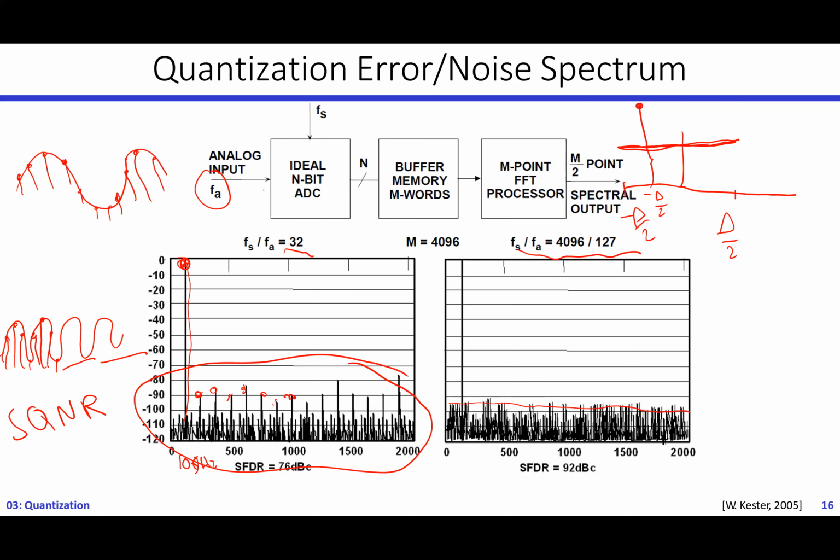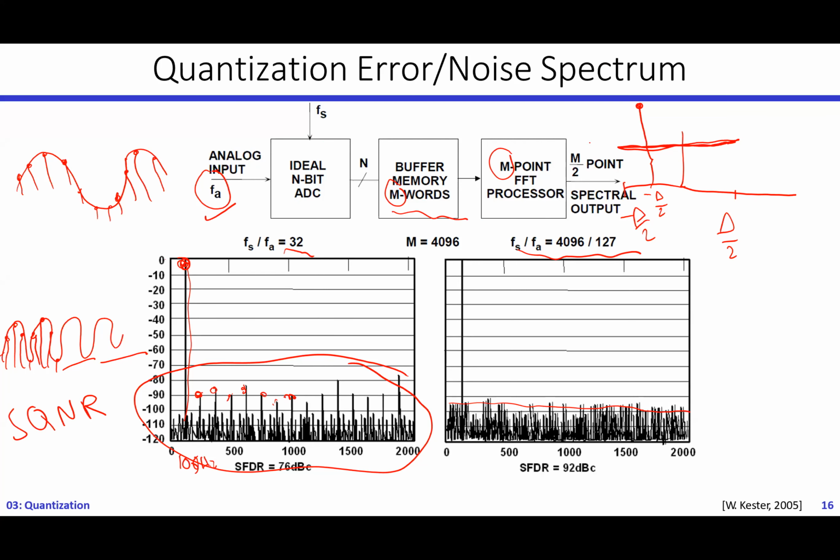Now, the block diagram that you see up here is how we are going to test the ADC. You apply an input signal of frequency FA to the ADC, and then you store the output in a memory of words, which depends on the points of the FFT processor.